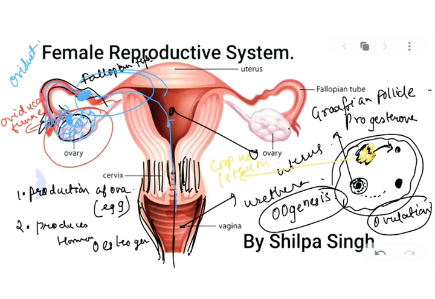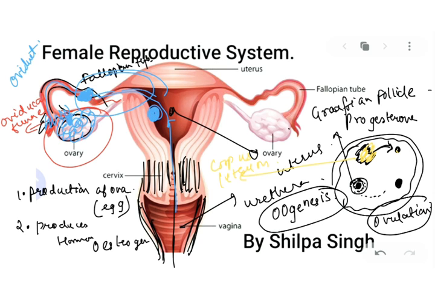Now my dear kids, if the fertilization takes place, there's a formation of zygote. Getting my point? There will be a fusion of male sperm with the female ova, and there will be formation of zygote in the fallopian tube. So main आपका fertilization process शुरू होता है fallopian tube में ही, and then after a while that zygote will come into the uterus and stick into the walls of the uterus.